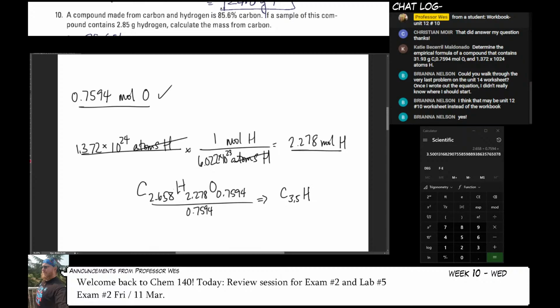Oops. 2.278 over 0.7594 is probably 3, right? Yeah, 3. Uh-oh. What happened? Why am I writing in highlighter? Hold on, I'm confused. What happened?